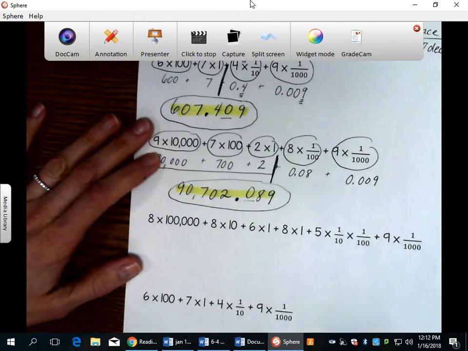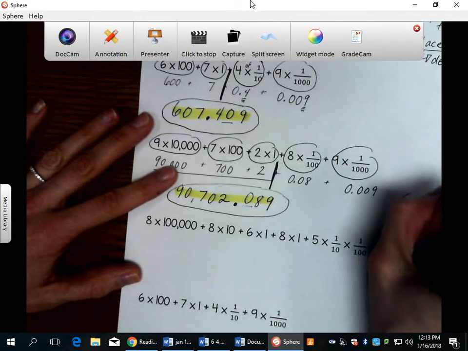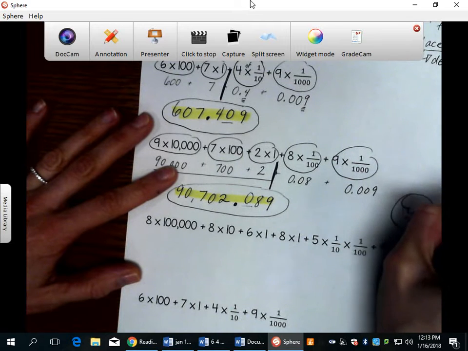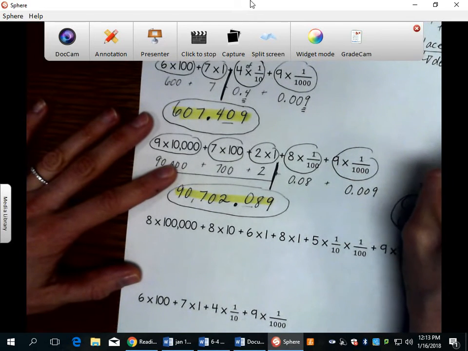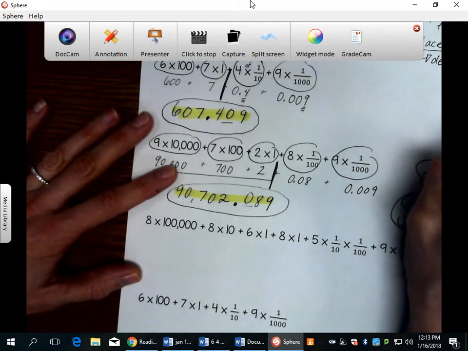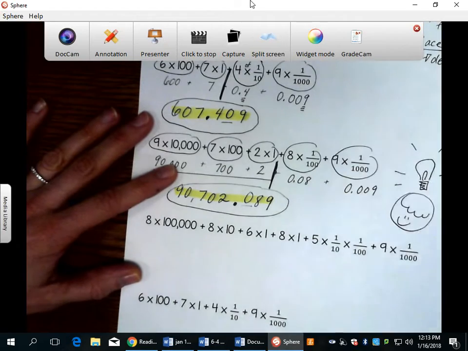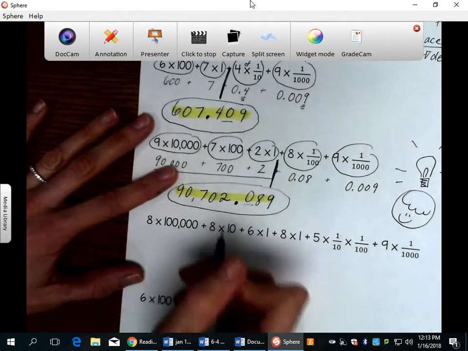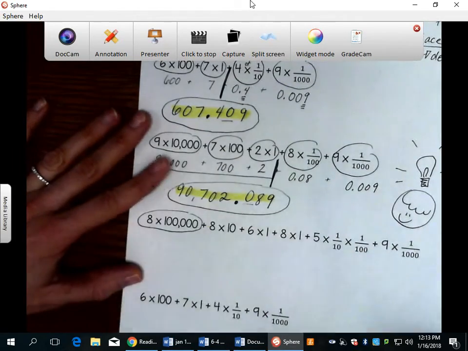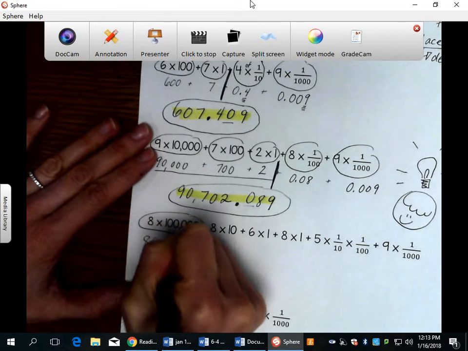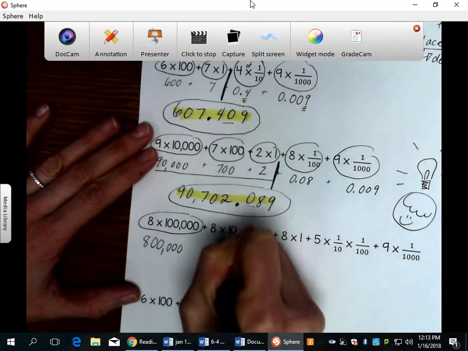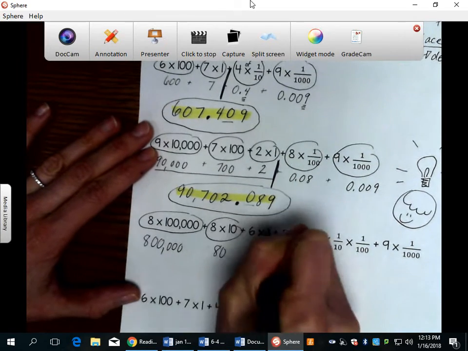Alright, the third one, and just getting some practice now. I hope that in your brain, you're like, oh, I totally get this now. It looked tricky, but now it's all making sense. Okay, so this is just 8 of these. 800,000 plus 80 plus 6.